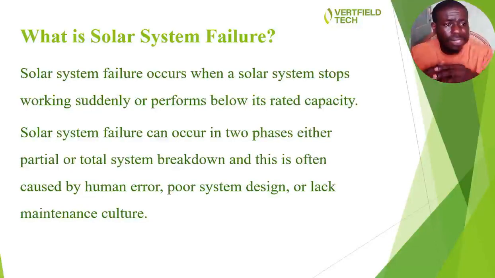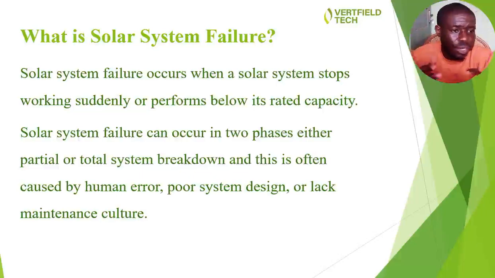But if it is a whole system failure, which means there are multiple errors or multiple component problems at that point in time, you need to do a complete system troubleshooting, diagnosis, and maintenance.